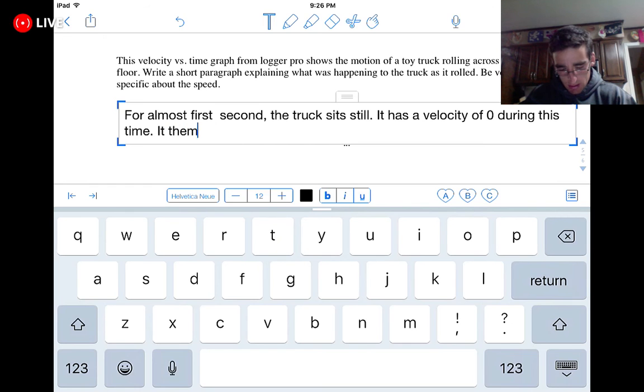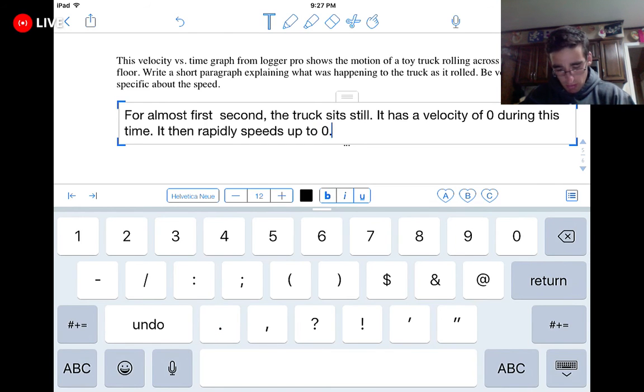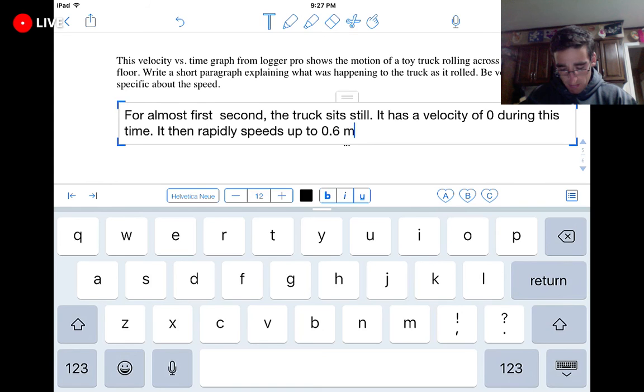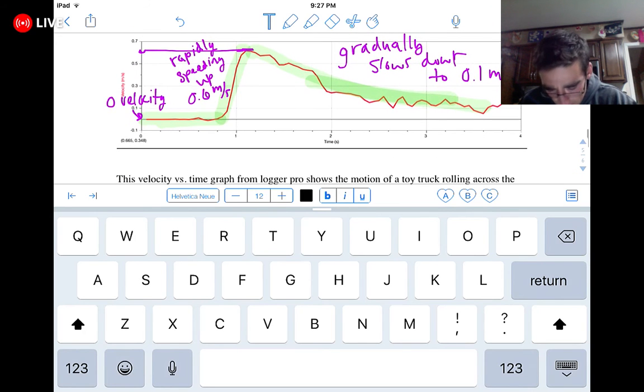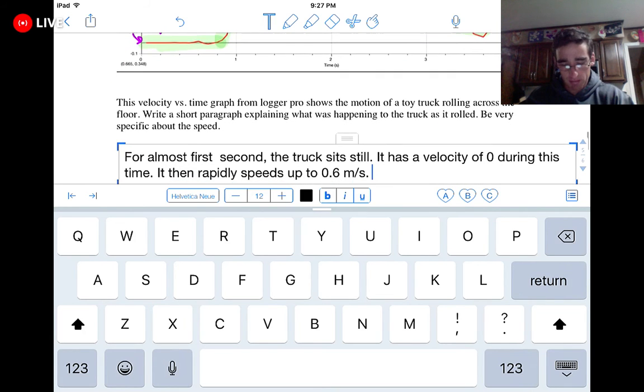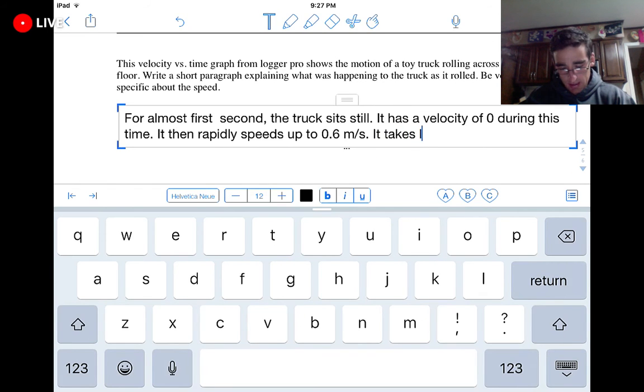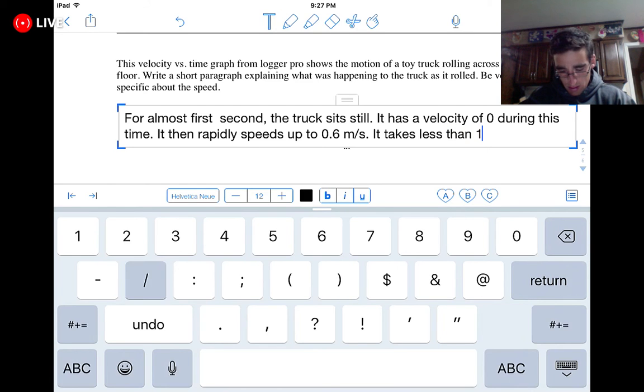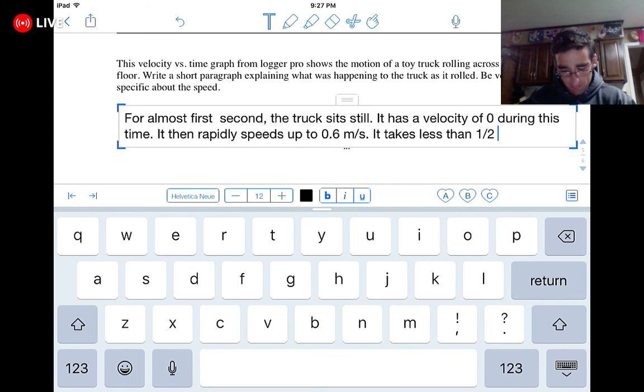And then I'm going to be even more descriptive, and say it takes less than one half of a second to speed up.